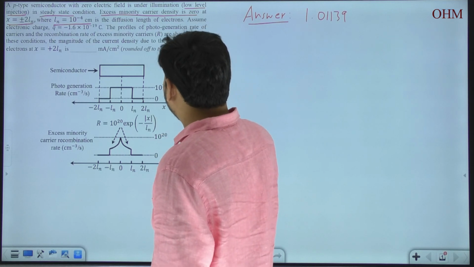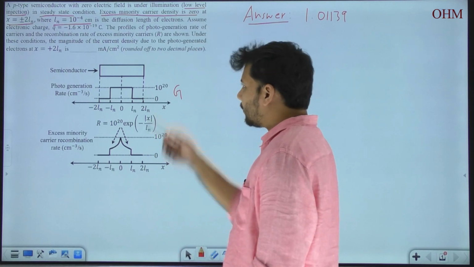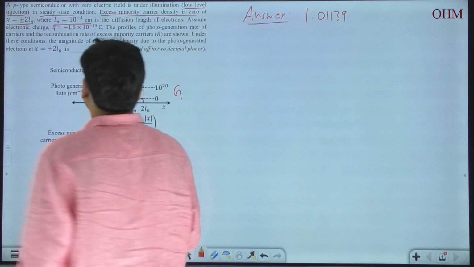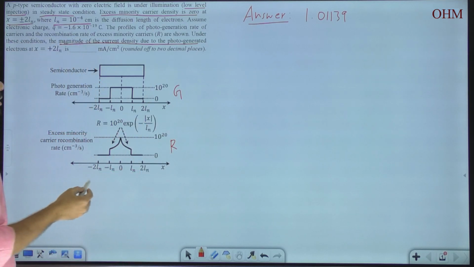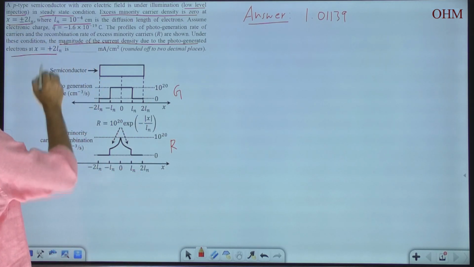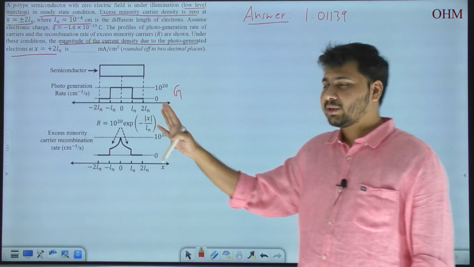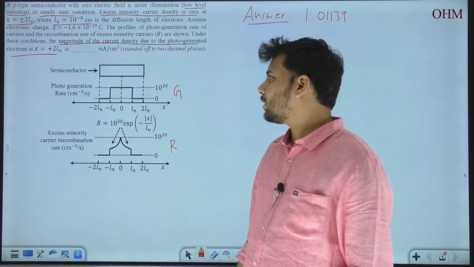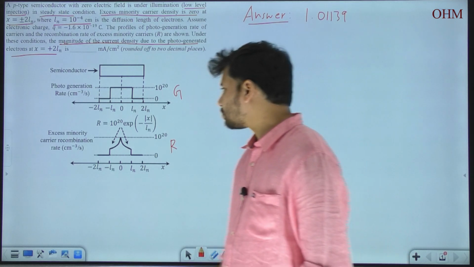Given these things, the question is to find the magnitude of the current density due to the photo generated or excess electrons at x equal to plus 2Ln. That is, at the right end of the semiconductor, what is the electron current density?